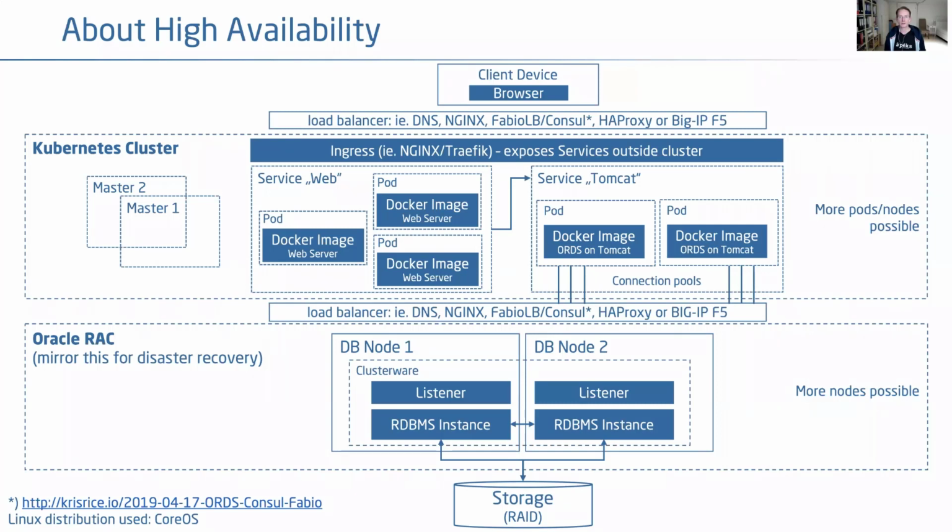So this is not an easy setup, and it's specifically targeted at businesses that have mission critical Apex applications running in their environment that should be up and running 24 hours a day, at best 7 days a week.